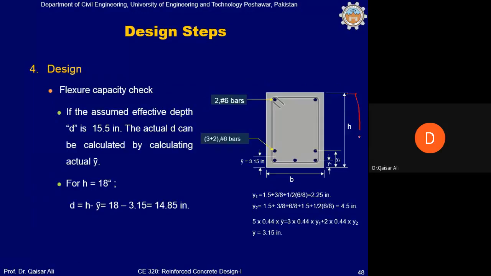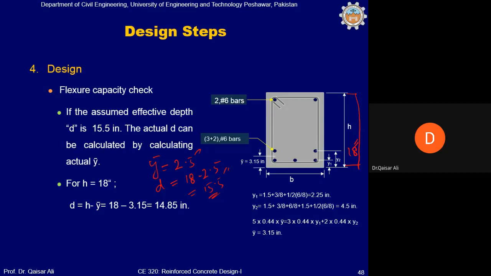If this depth is 18 inch, and we say that y bar in the beginning is 2.5 inch, then d will be 18 minus 2.5, which is 15.5 inch. So this is what we assume in the beginning.